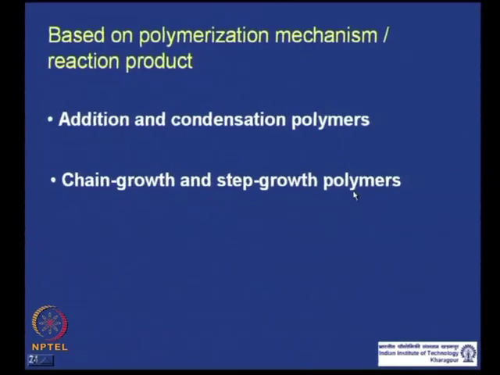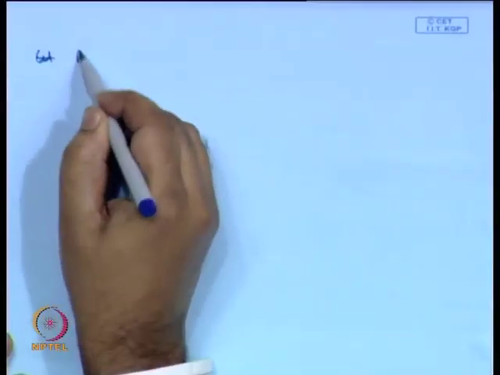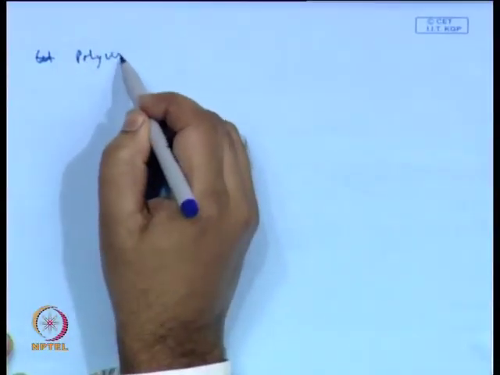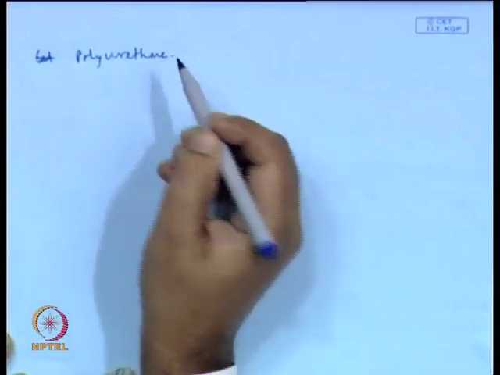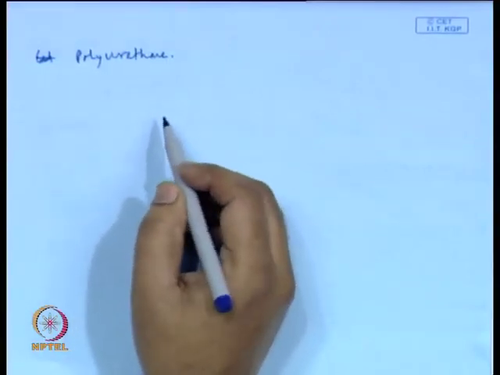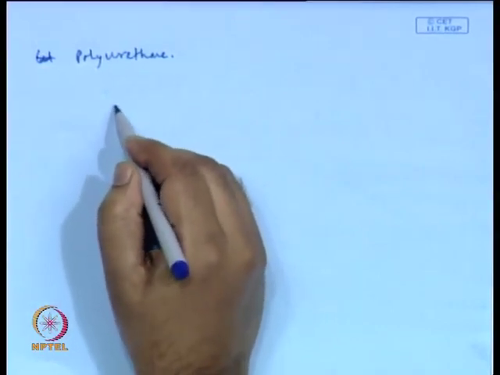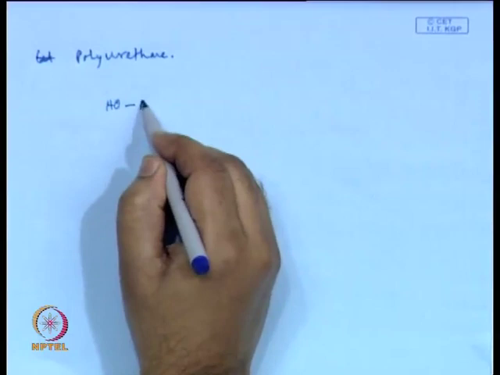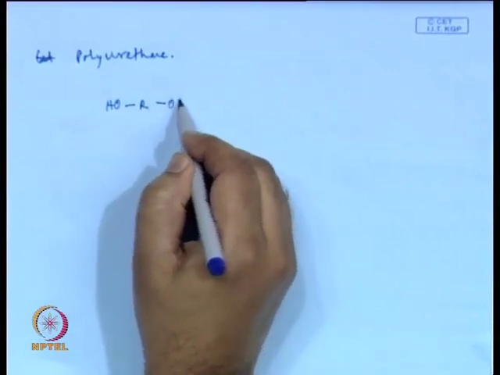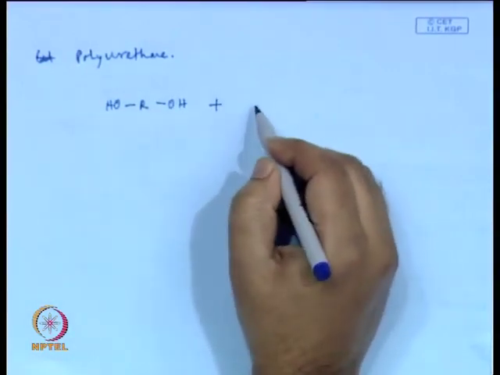Now, let us take the example of polyurethane. Polyurethane can be synthesized from diol and diisocyanate.